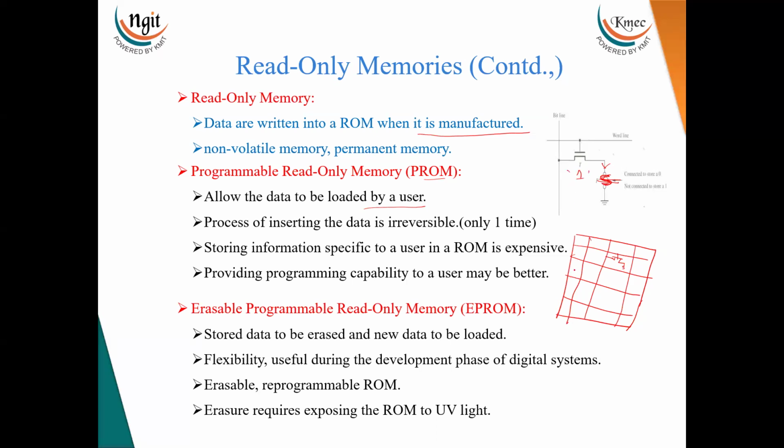So initially the complete chip is stored with zeros. Wherever ones are needed, the user will write the program, excess current will be allowed through the fuse and the fuse will be burned out. Thereby logic 1 will be loaded into the cell.